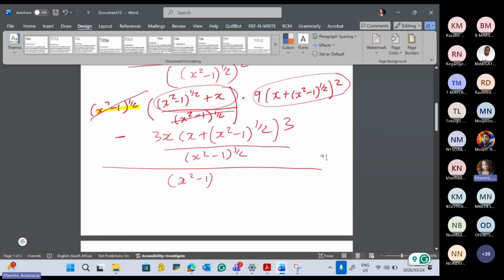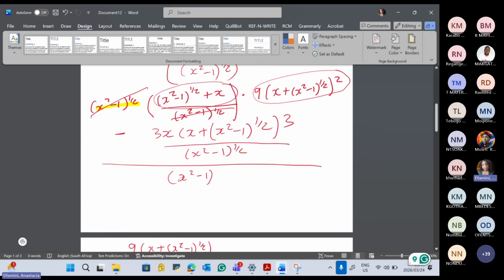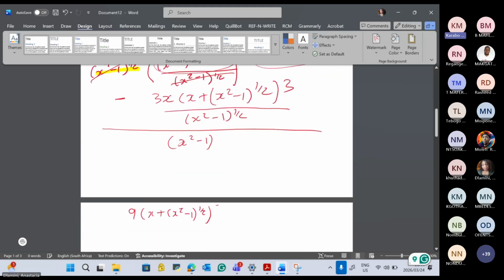So meaning that this will be 9x plus (x squared minus 1) to the power of half, to the power of 3, minus 3x times x plus (x squared minus 1) to the power of 1 over 2.